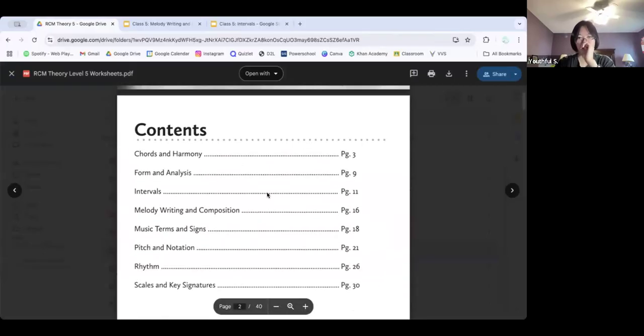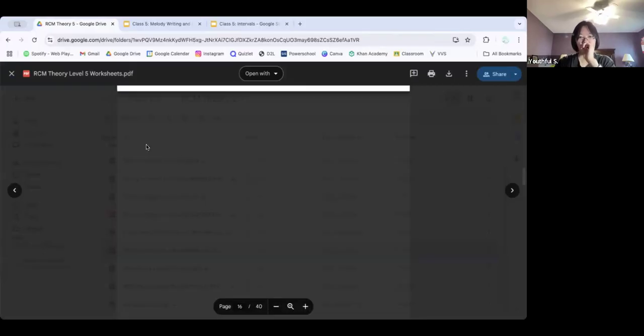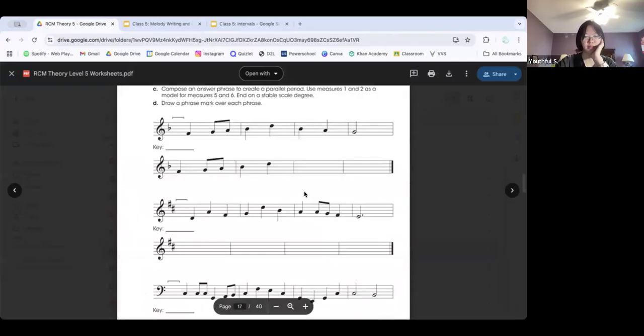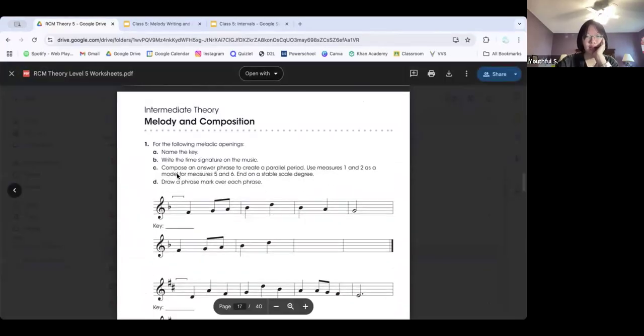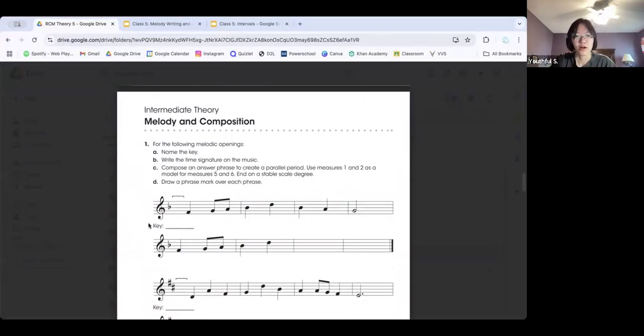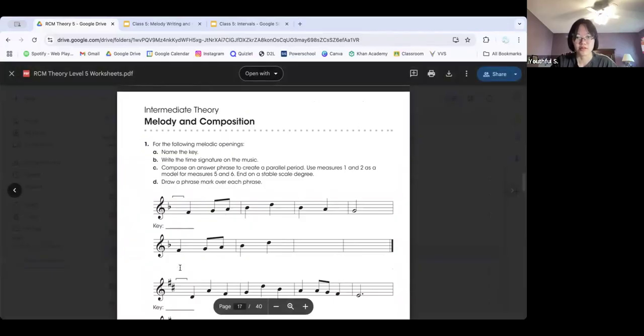Are there any worksheets? So here, melody writing and composition. It's really similar. They already wrote out the first few, oh no, I can't annotate. These first few parts. So this is a parallel period, and all you have to do is come up with the last few notes. So you don't have to be too creative, just fill in the gaps pretty much.